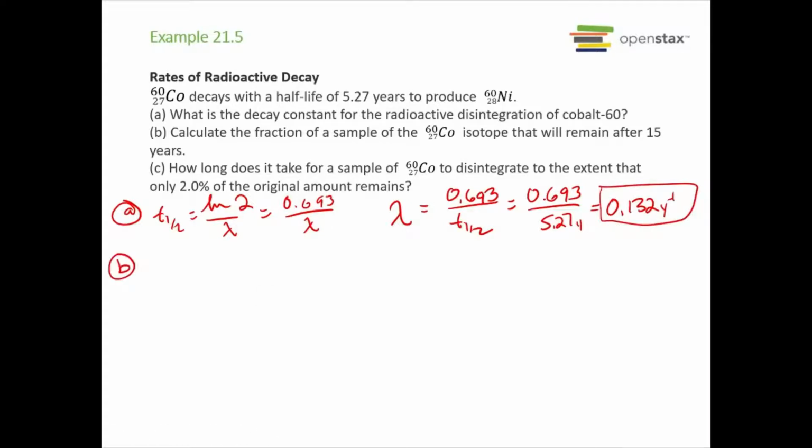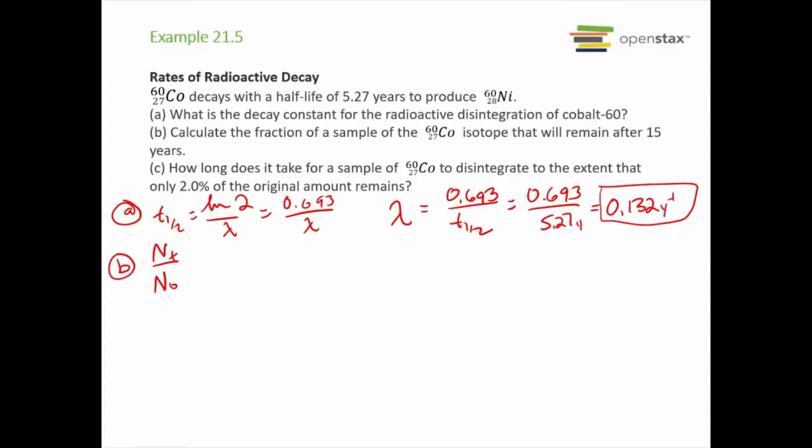For B, we want to calculate the fraction of cobalt-60 that will remain after 15 years. So this fraction that is left after our time is NT over N0. That's what we're solving for here.